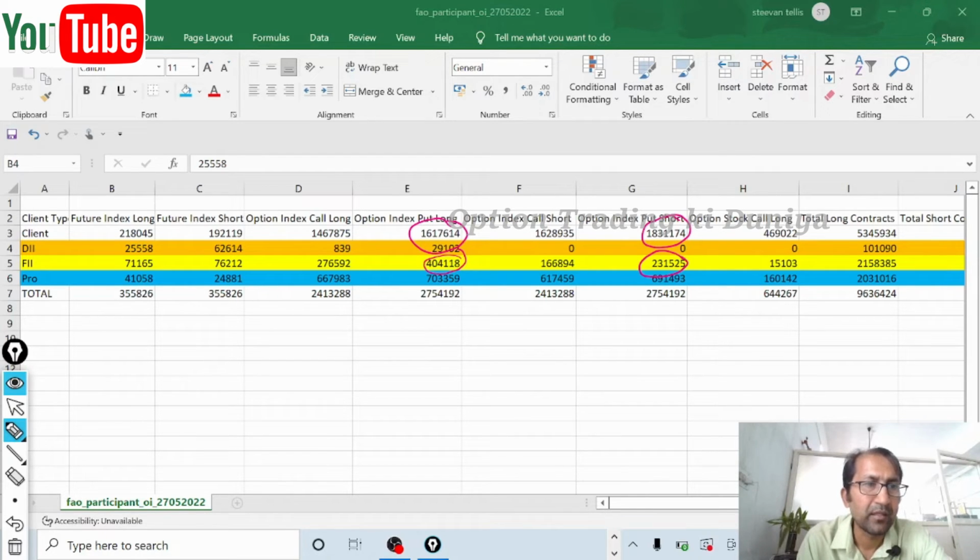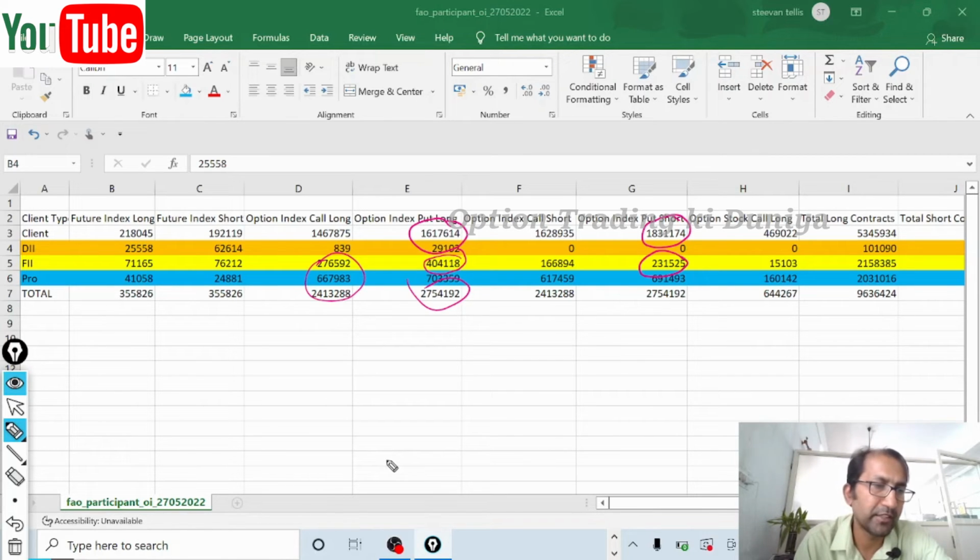Okay, it is indicating that FIIs still are long on put and they have shorted put. One more thing to note here is professional traders almost neutral. So only retail clients and FIIs have long on put and they have shorted the put. Okay, so I stop here with the open interest.